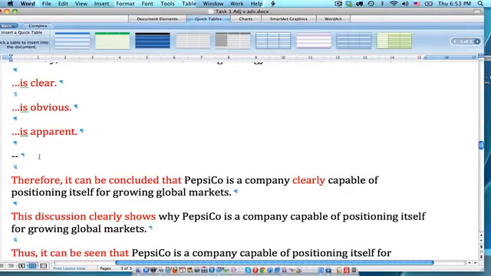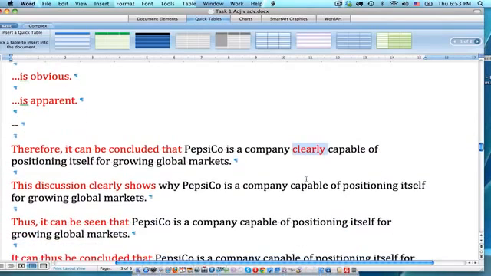Okay, so language like "therefore it can be concluded that," and then something. And I encourage you to use words like clearly, because these are very convincing ways to show your reader that you feel, and you want them to feel, that what you're saying makes sense, it's logical, and it's fundamentally coherent and clear.